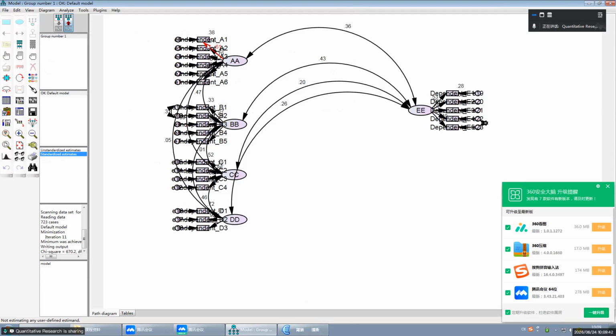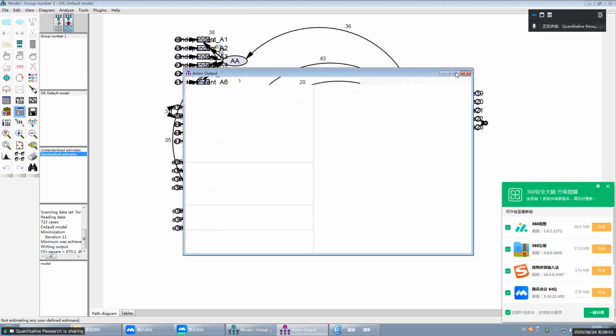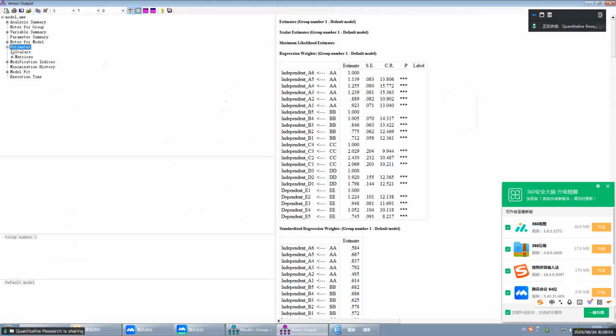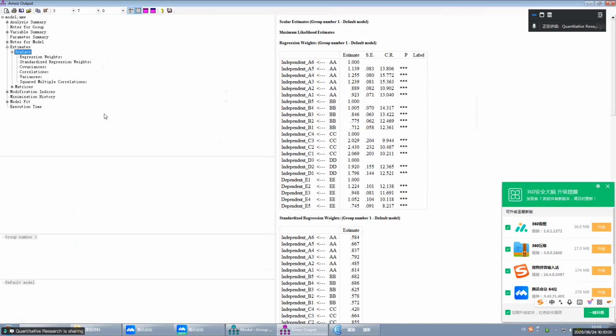So we need to go to text output. You can see estimates, you open it. Then you open scalars, estimates, scalars.